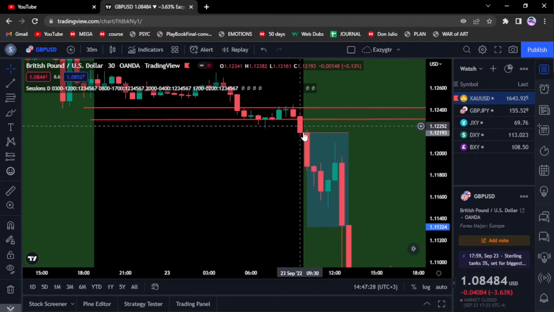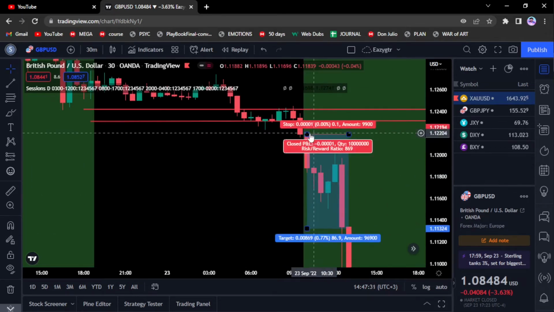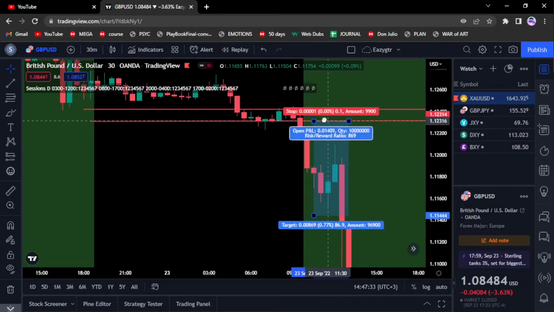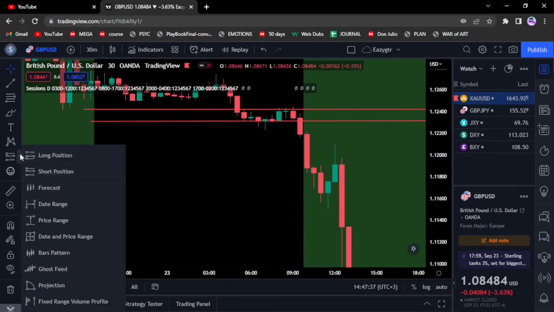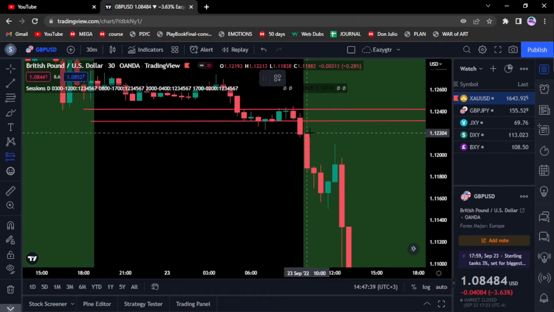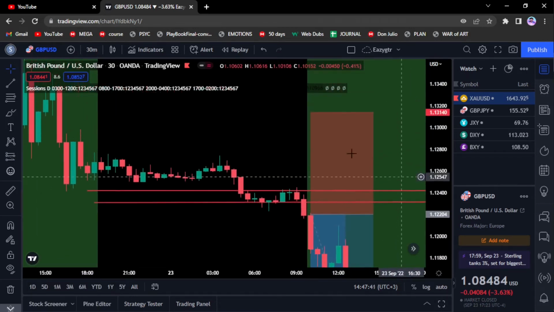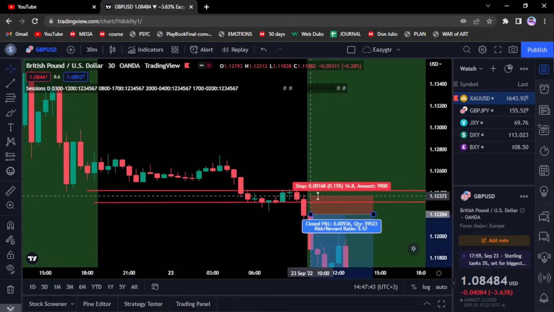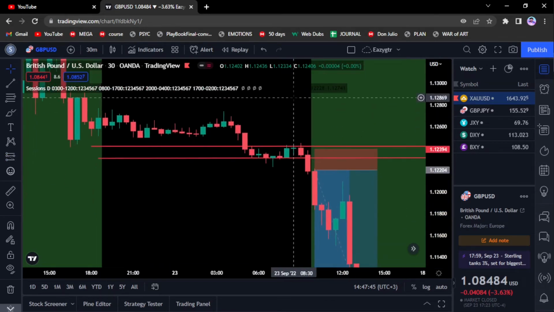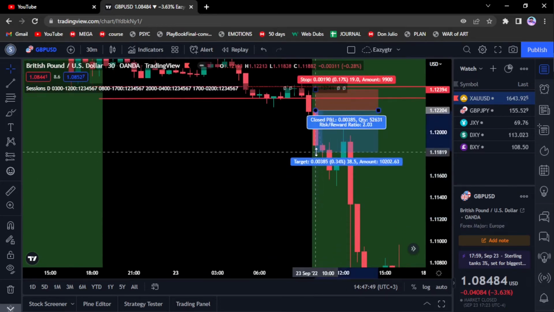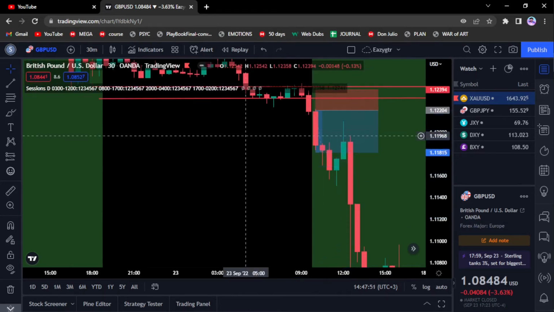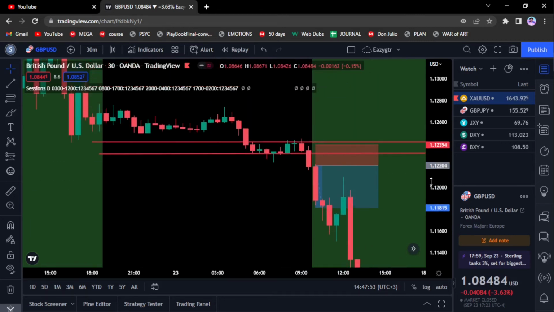So let me redo this. We had our stops 18 pips above the previous candle highs, at least a 1 to 2 risk to reward.